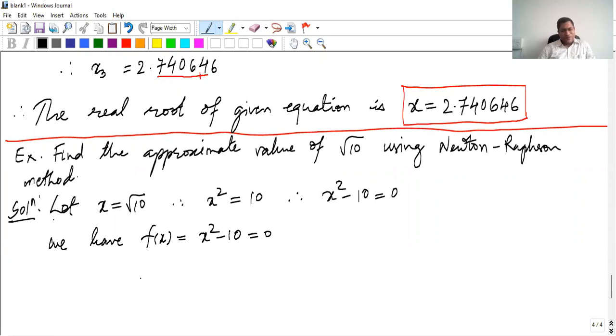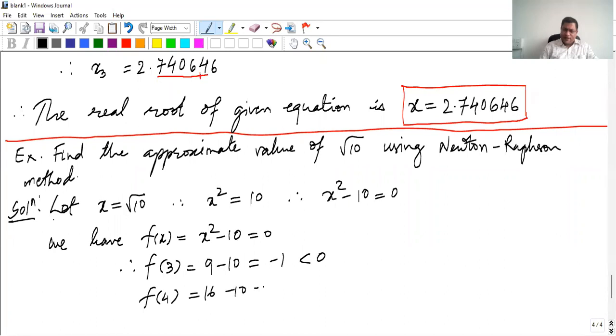Between 3 and 4, because the square of 3 is 9 and the square of 4 is 16. So f of 3 is 9 minus 10, which is minus 1, less than 0, and f of 4 is 16 minus 10, which is 6, greater than 0.